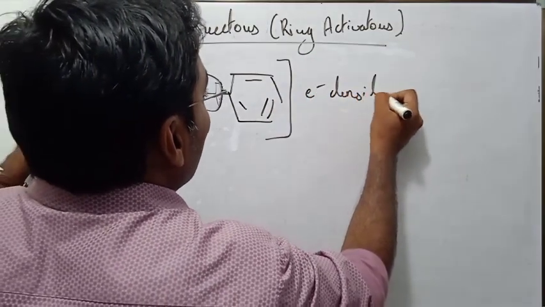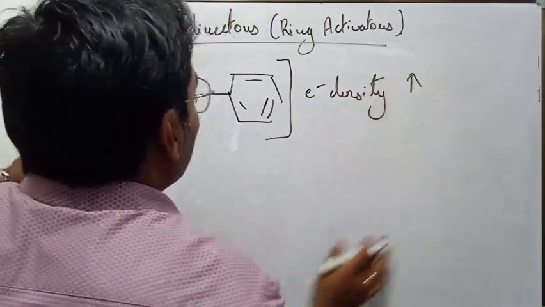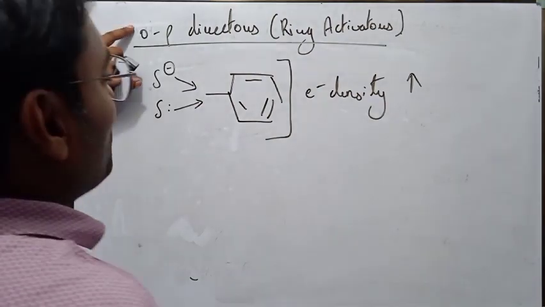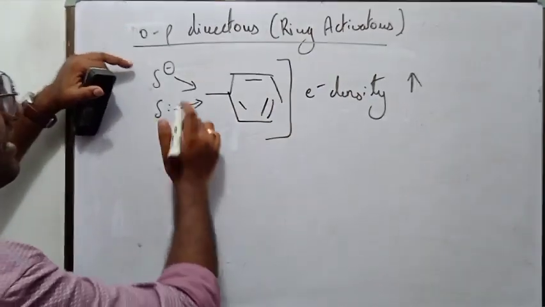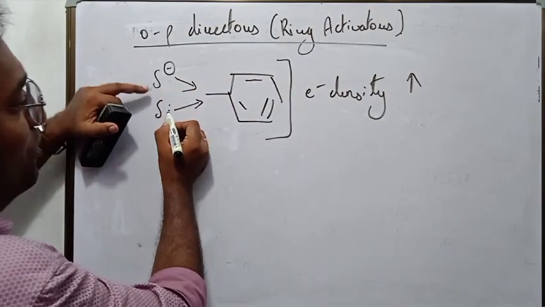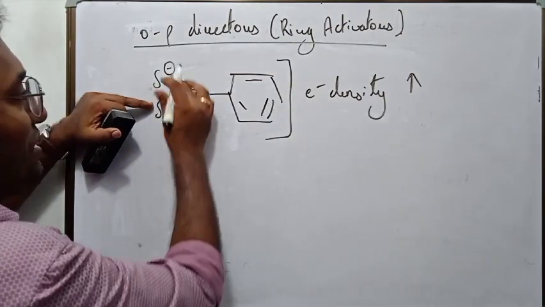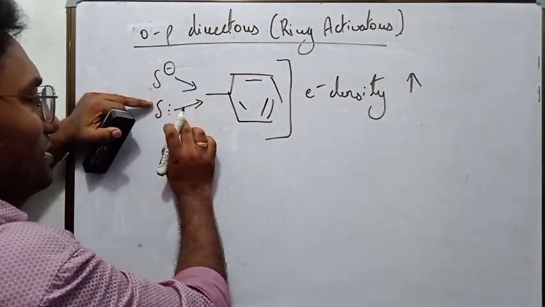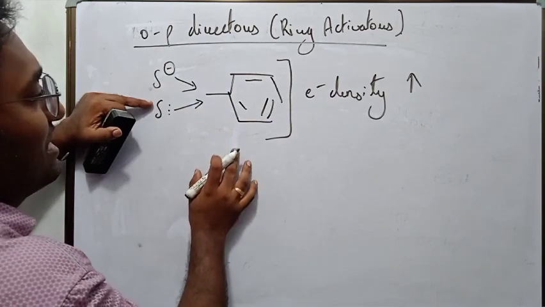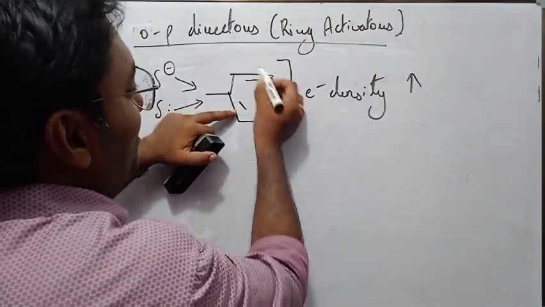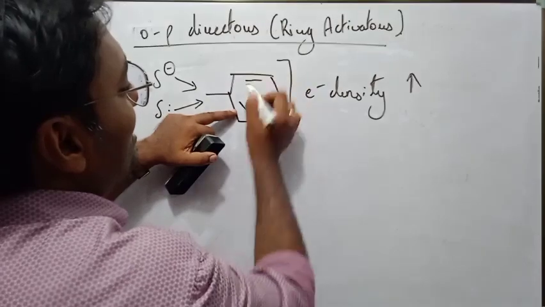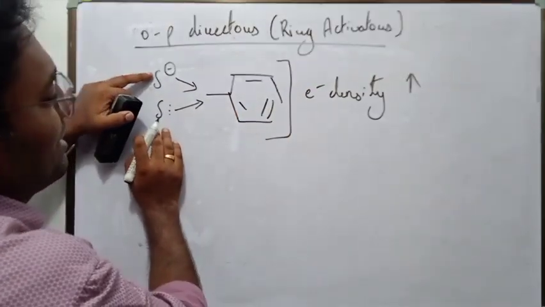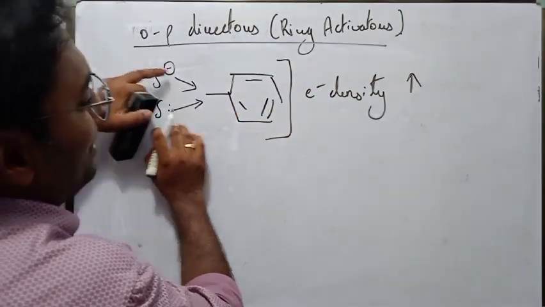Electron density would increase. What is the requirement of ortho-para director? As I have said, it should either have a negative charge or it should have a lone pair of electron. Whatever the case may be, ultimately the electron density in benzene ring would increase, because they would not keep their electron with themselves. They would donate their electron to benzene ring.